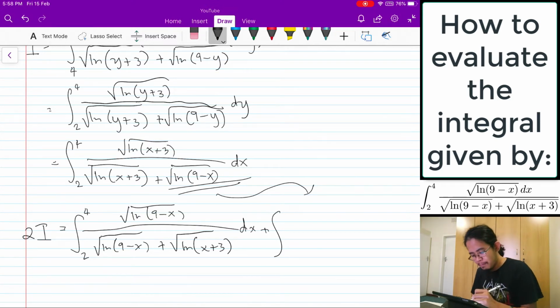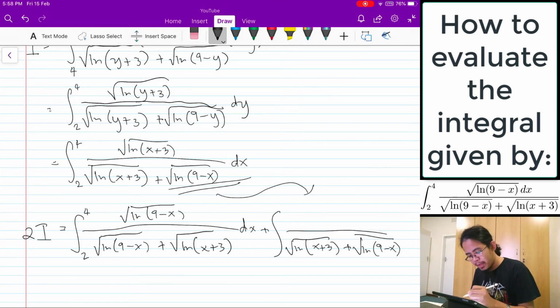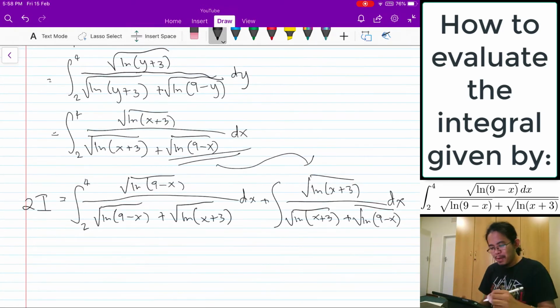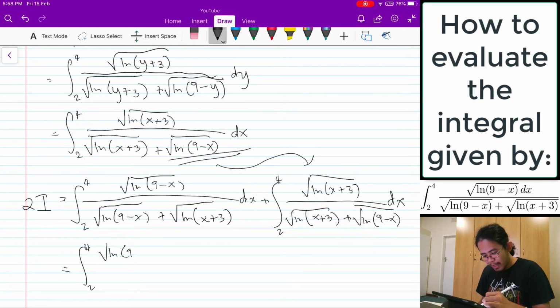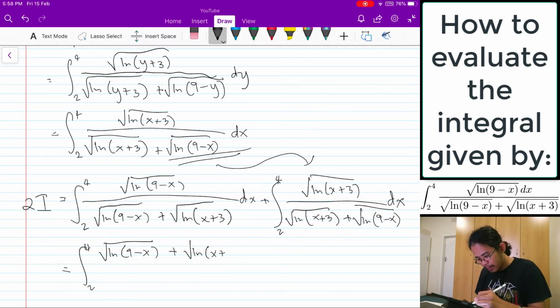So this will be the square root of ln(x+3) plus the square root of ln(9-x), and in the numerator, we now have the square root of ln(x+3). Okay? So now, when you add the two of them, look what happens. It's very cool. Again, the limit is 2 to 4. So when you add the two of them, in the numerator you have the square root of ln(9-x) plus the square root of ln(x+3).